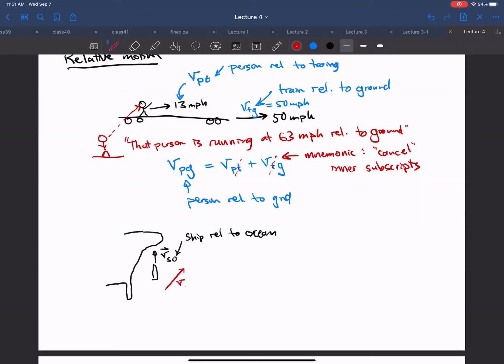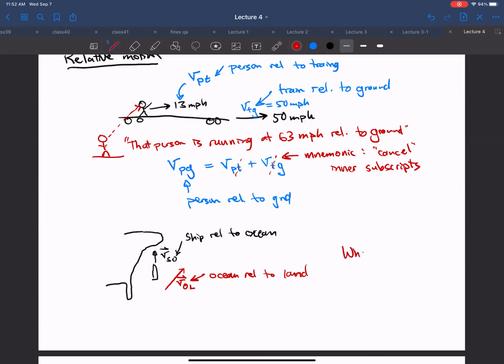So this is the velocity of the ocean relative to the land. And I'll put a vector on it. Ocean relative to land. And so what would the velocity of the ship relative to the land be? I want you to work on that on your own just briefly, and we're not talking numbers here, just draw the correct vector.